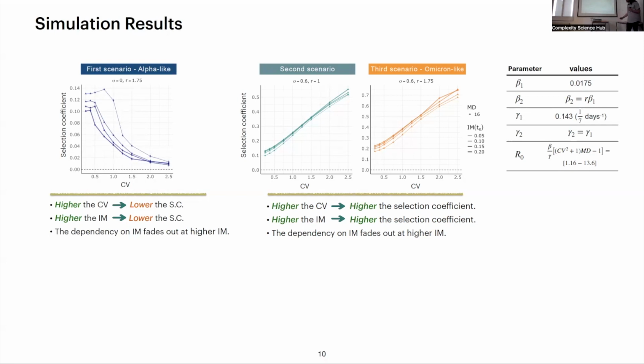So in the alpha-like scenario, we would expect that the alpha variant would have a much higher selection coefficient, or advantage, in a society that has a homogeneous contact structure.